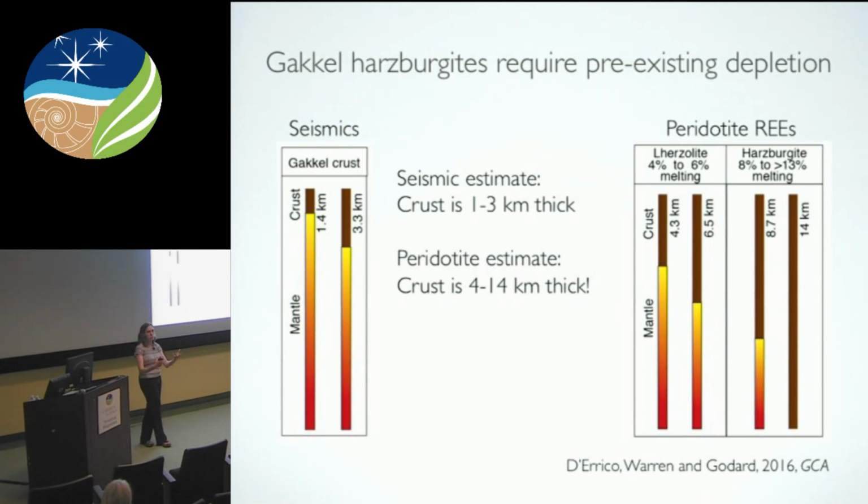That was melting that occurred at some previous point in the history of this package of mantle, and that is now being returned to the surface. It may have undergone a little bit more melting, but it cannot have been lherzolitic mantle that went all the way to harzburgite, given how little crust is present there.